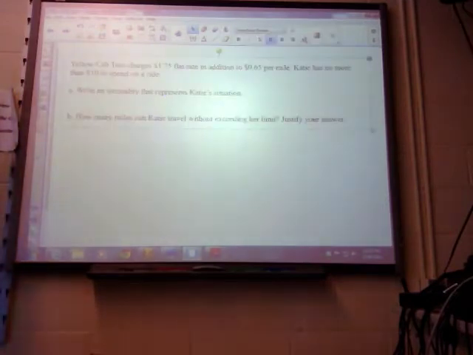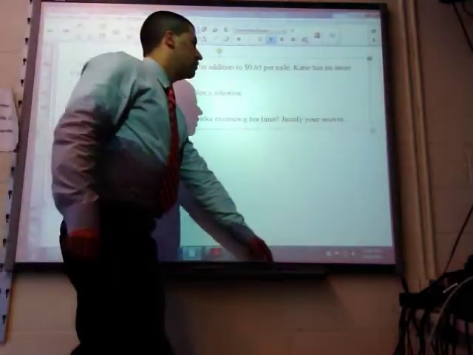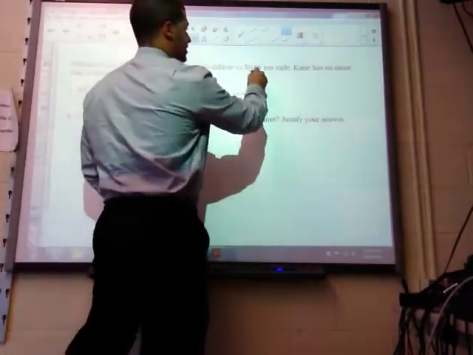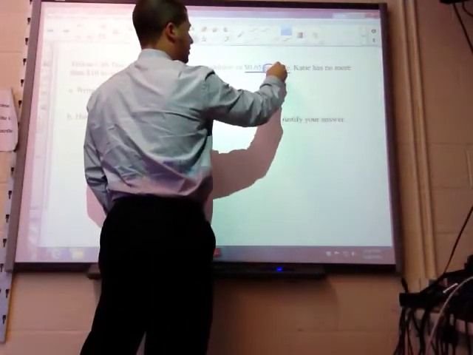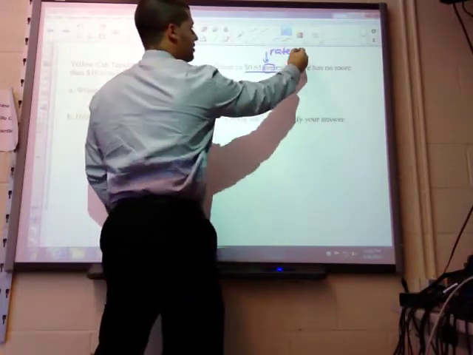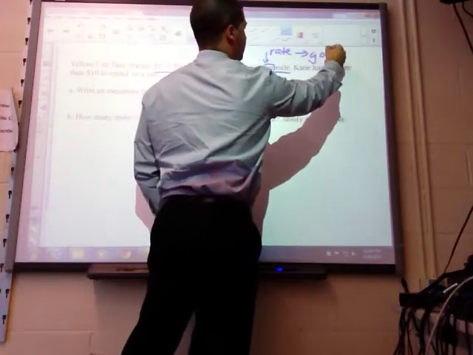The first one, yellow cab taxi charges $1.75 flat rate in addition to 65 cents per mile. Katie has no more than $10 to spend on a ride. So here's some key words. It's $1.75 for a flat rate, 65 cents per mile. So when you see the word per, that is the rate. So this rate goes with the variable.